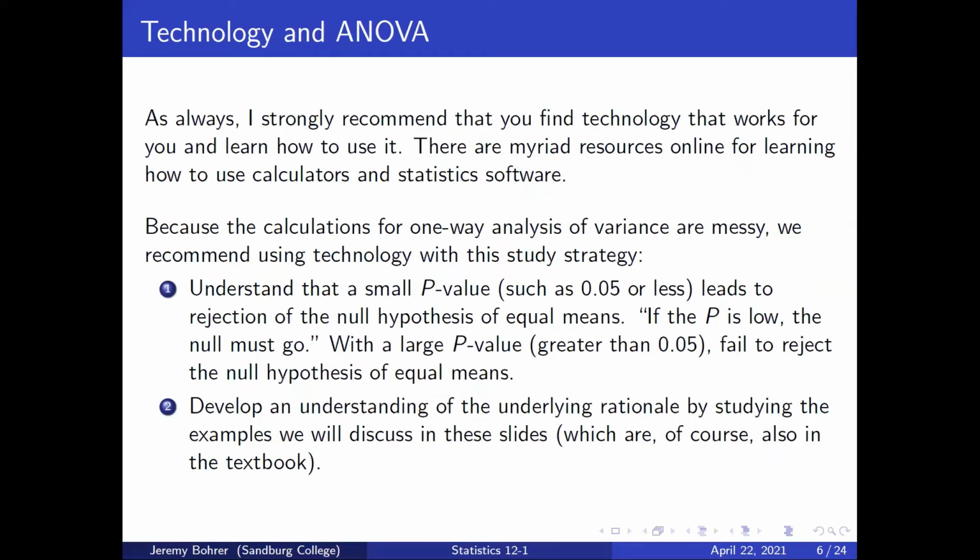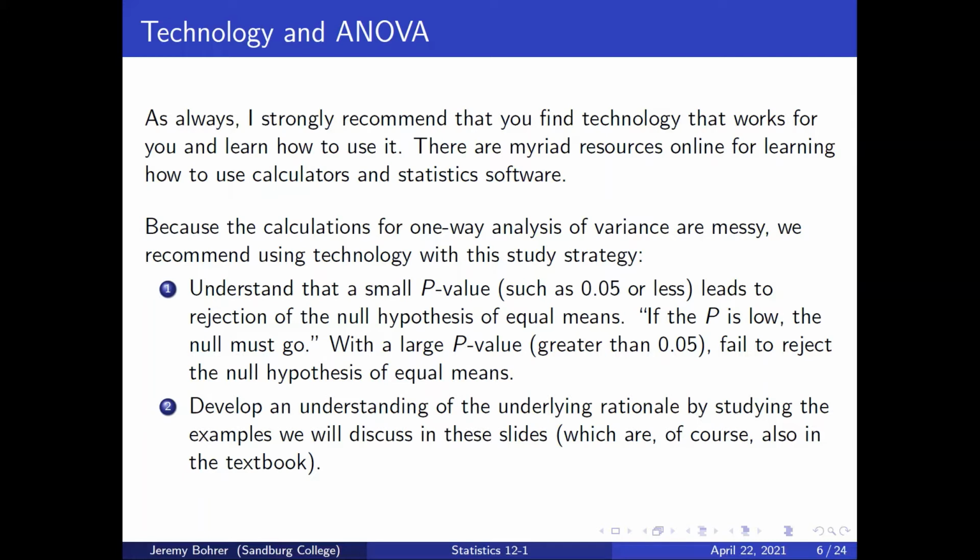As always, I strongly recommend that you find technology that works for you and learn how to use it. There are myriad resources online for learning how to use calculators and statistics software. Because the calculations for one-way analysis of variance are messy, we recommend using technology with this study strategy. First, understand that a small p-value, such as 0.05 or less, leads to rejection of the null hypothesis of equal means.